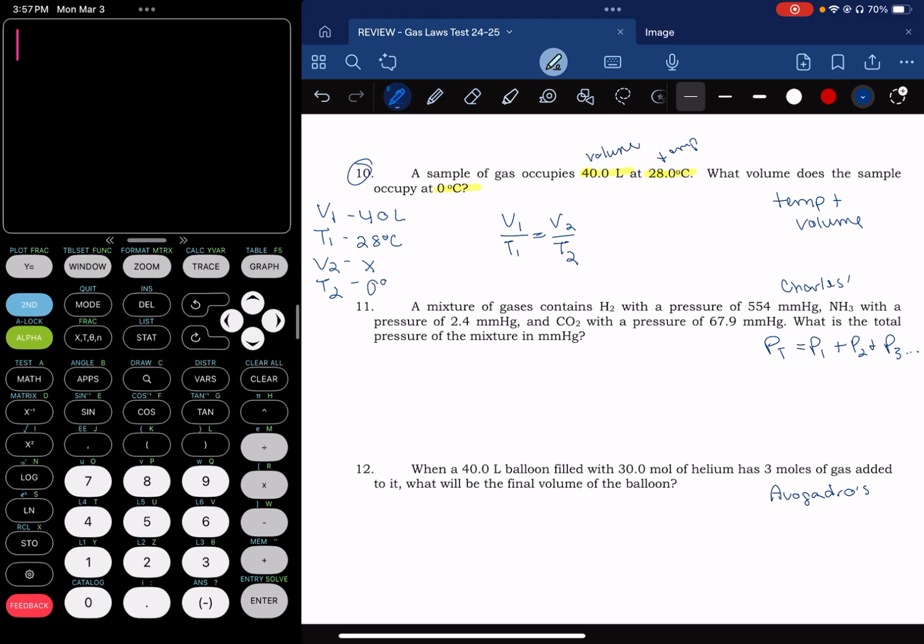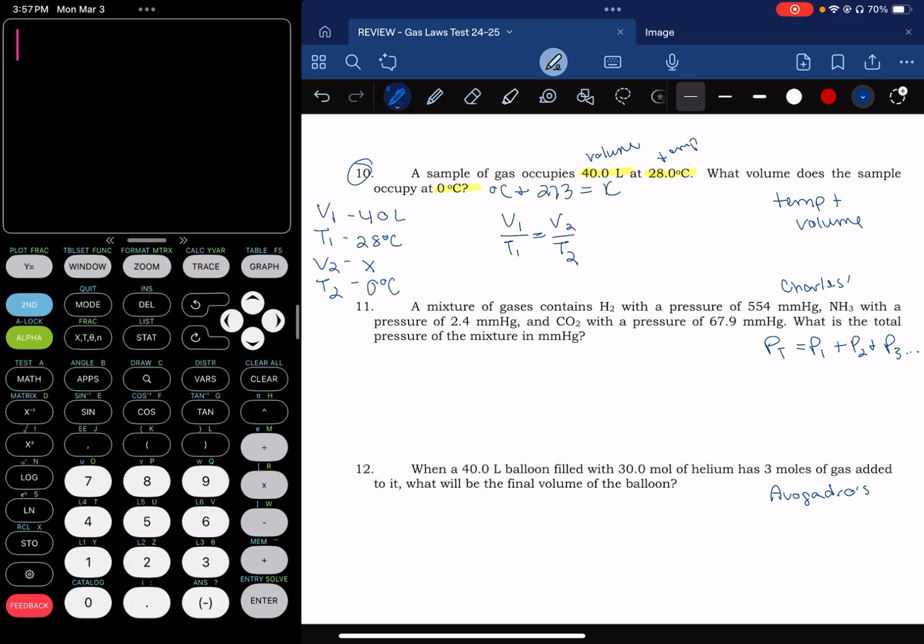We know that our final temperature is 0 degrees Celsius. What we know about temperature when we have an ideal gas is that we must use Kelvin, because that is the unit of temperature in these gas law formulas. We find that by taking our temperature in Celsius and adding 273.